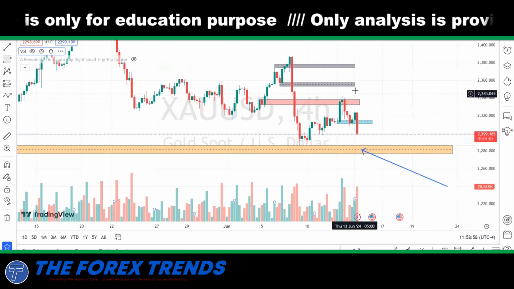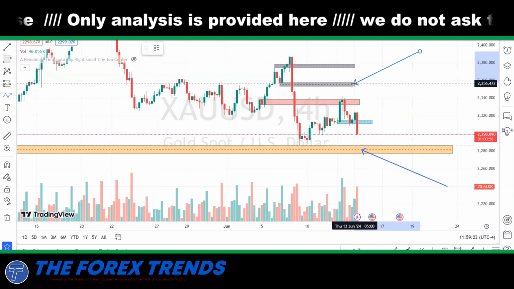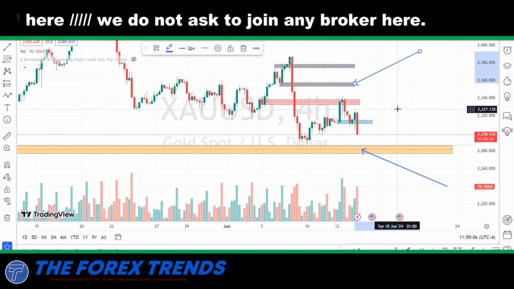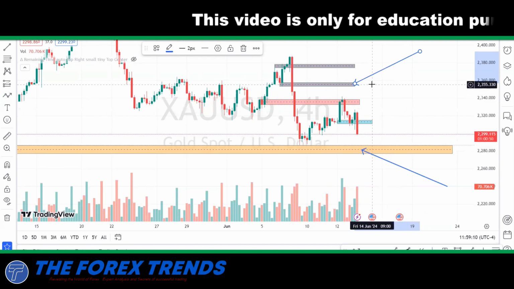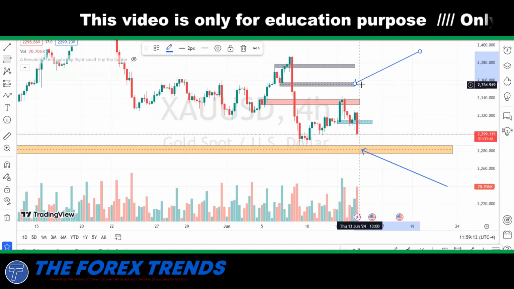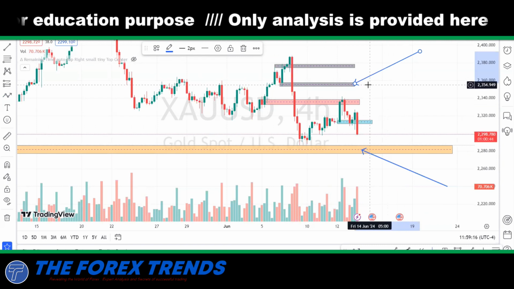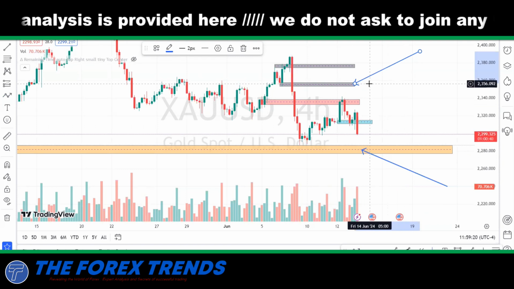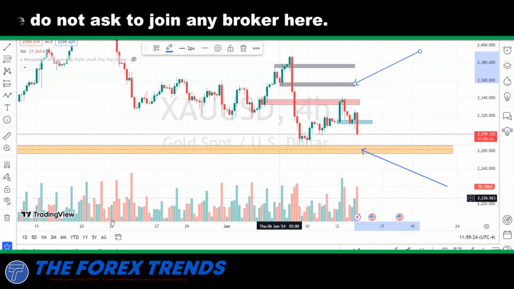And mind one thing, there is a pending retracement of this level. So according to the structure, the price may go up to this level, that is 2355 level. So the 2355 level is a good level to sell for a longer run. So these are two trade setups in the 4-hour frame.